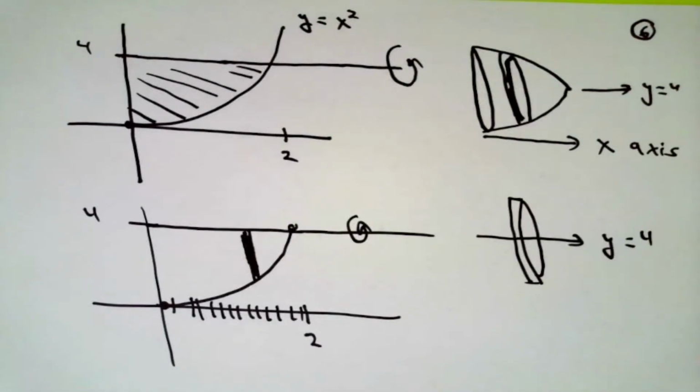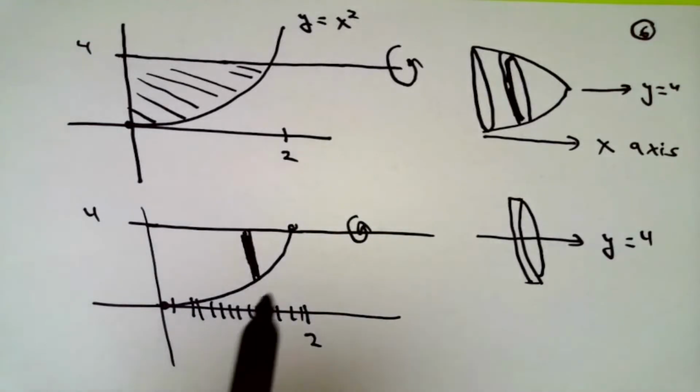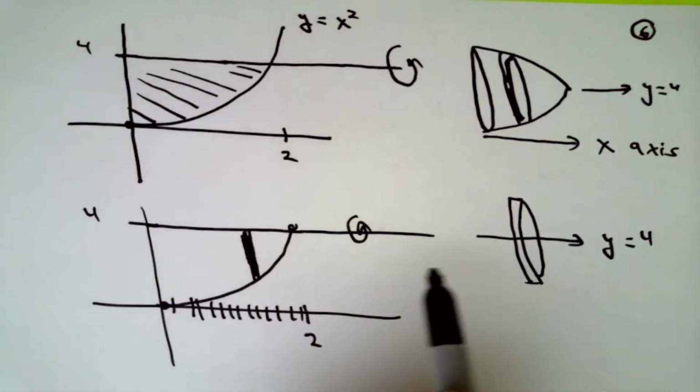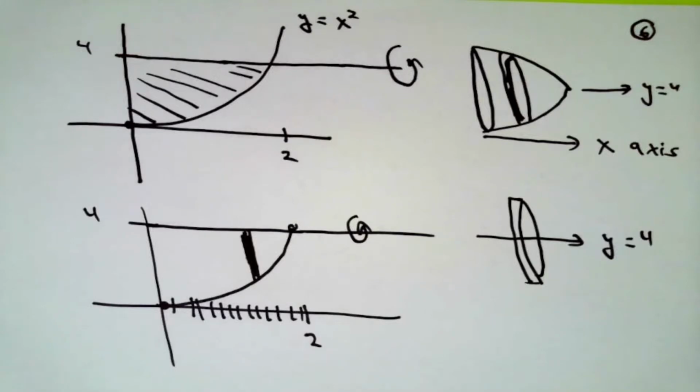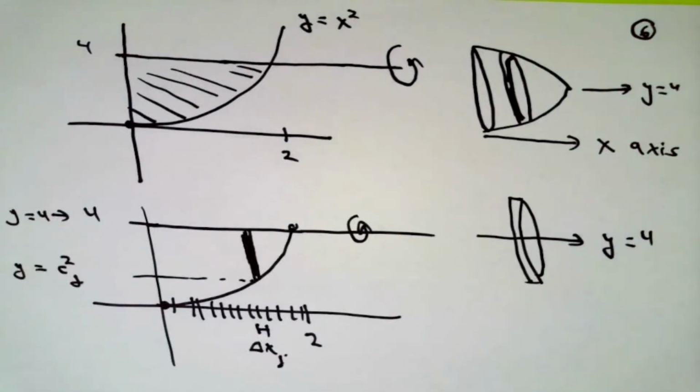The radius of the corresponding disk is, look at all of the points that go with this strip. How far away can you get from the axis of rotation? If you look at points that correspond to this one strip, the y can be anything from 4 down to c number j squared, but I don't want to include any of these points.